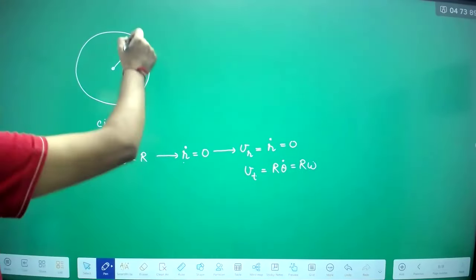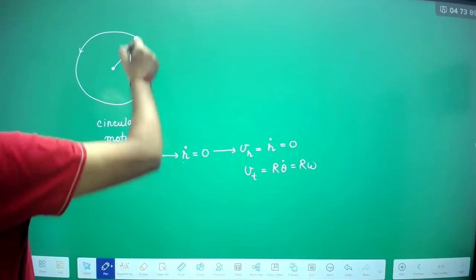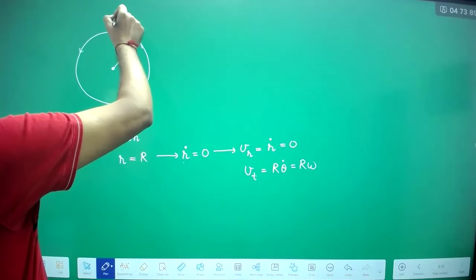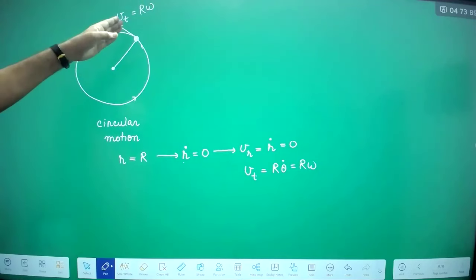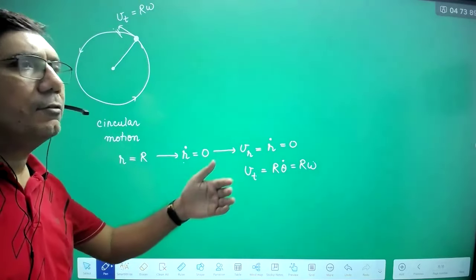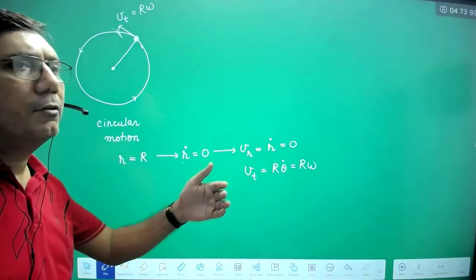So if the particle is moving on this circular path, there will be only one type of velocity. This will be tangential velocity vt, and vt will be r omega. Remember this. vt may be constant in magnitude. In that case, if vt is constant, you call it uniform circular motion. If vt is changing, then you call it non-uniform circular motion.